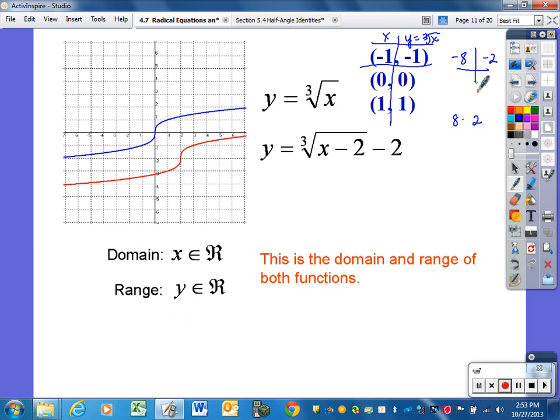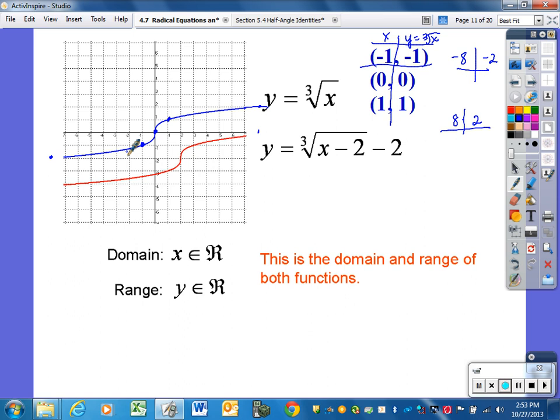If I wanted to add those points in there, I could. So if I plot negative 1, negative 1, 0, 0, 1, 1, and 8, 2, you can see that it makes the Egyptian S.